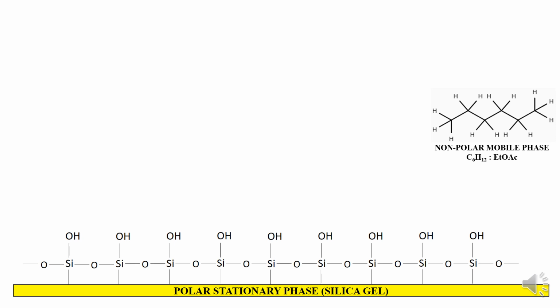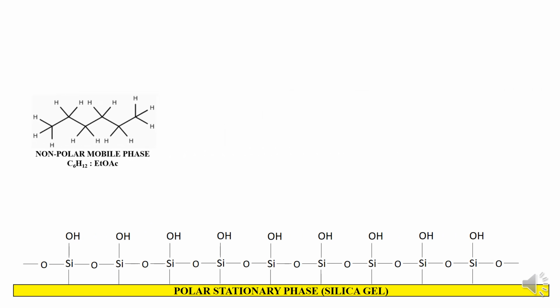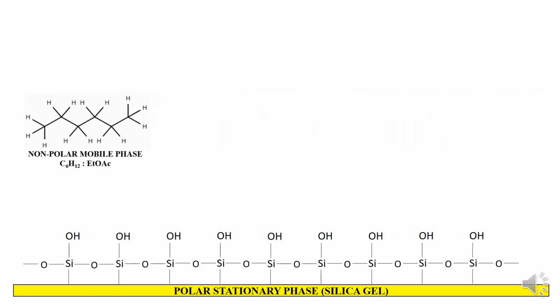Now silica gel is a polar stationary phase because of the presence of polar silicon groups, which is characterized by the polar hydroxy groups covalently bonded to the silicon. Now the mobile phase moves or travels through the stationary phase by capillary action.